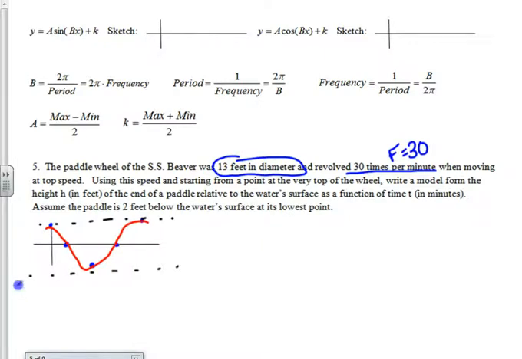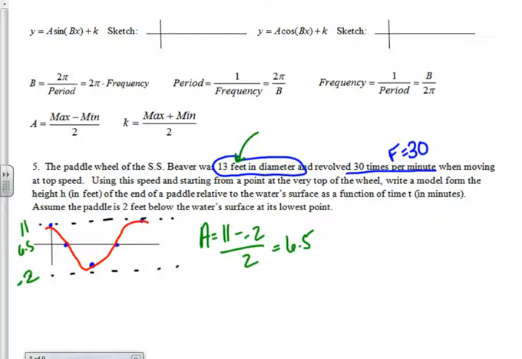So this bottom amplitude line is a -2, and then the fact that it's got a 13-foot diameter tells me that when he's up at his highest point, he's 13 feet above that. So he must be an 11 for the top amplitude line. I kind of already know what the amplitude is, but if you are thinking you might not, remember amplitude is max minus min cut in half, so that's a 6.5.